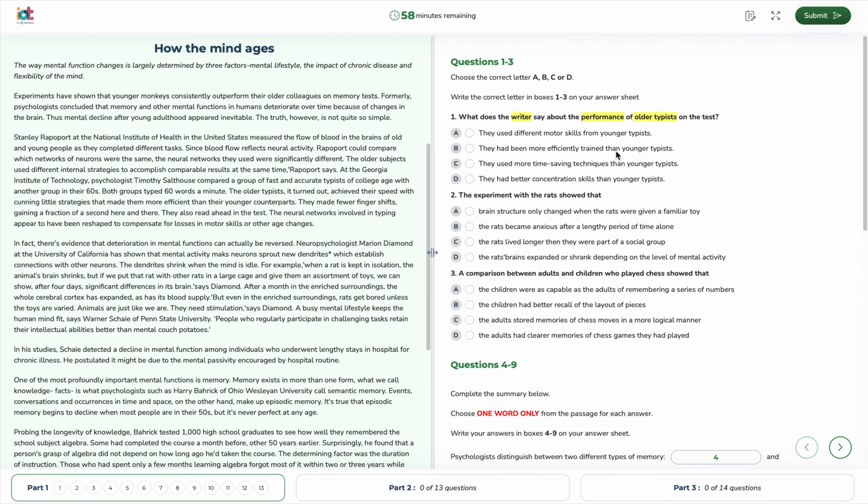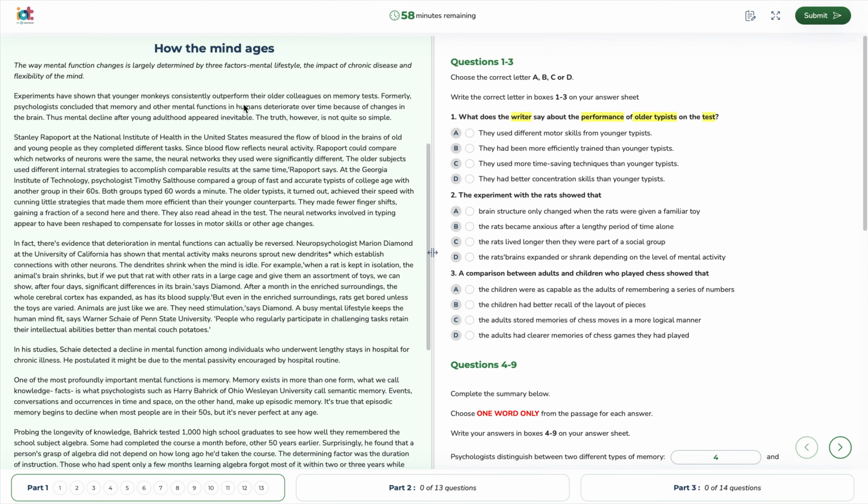In these three, if you see, this thing is common: they are comparing. The second is more time saving techniques, and the third is more concentration. The first one says different motor skills. So we will first see where it talks about older typists and then about the test, where they have tested them.